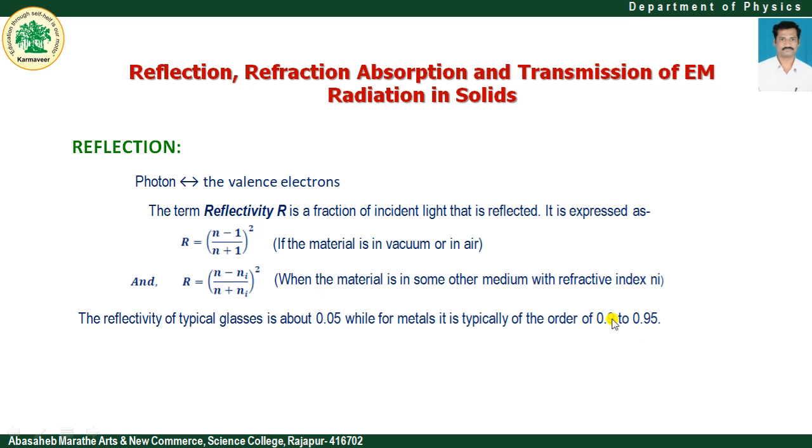Due to this high reflectivity, metals are opaque to radiation.